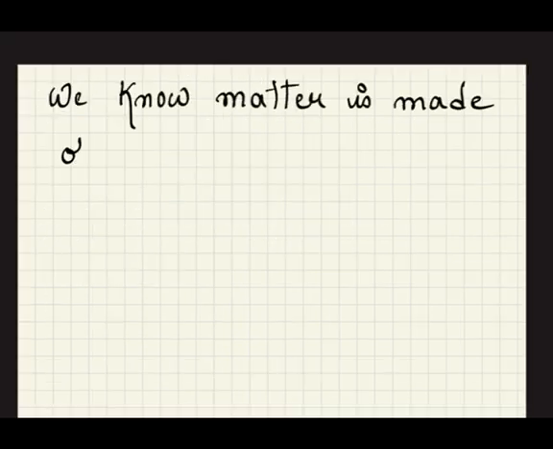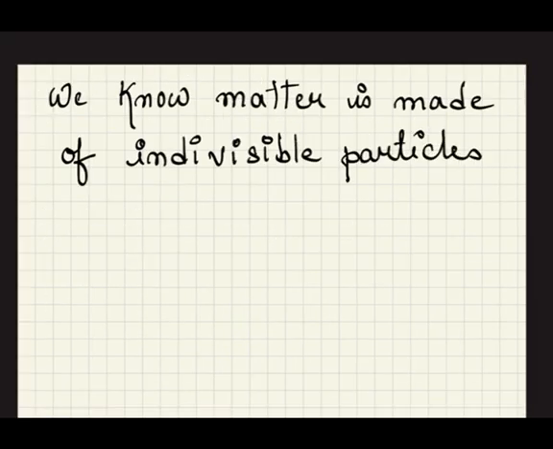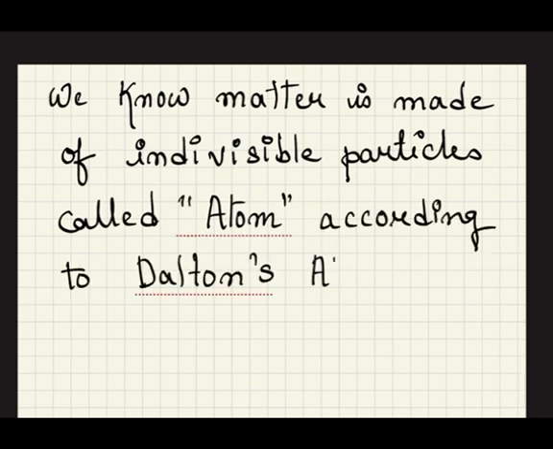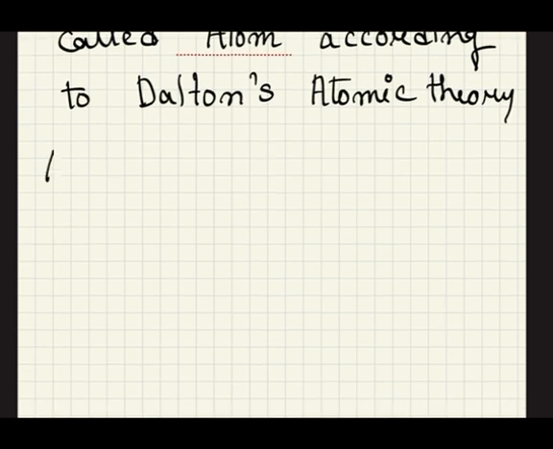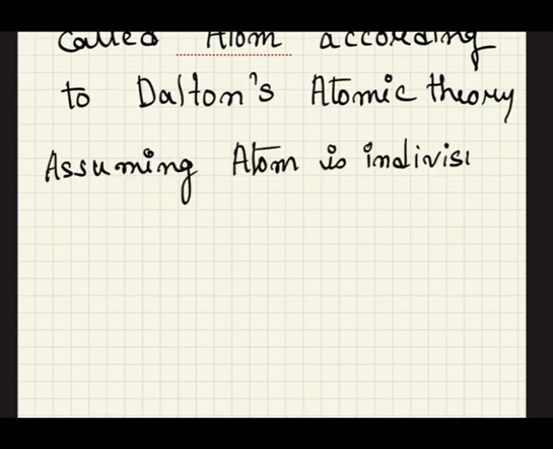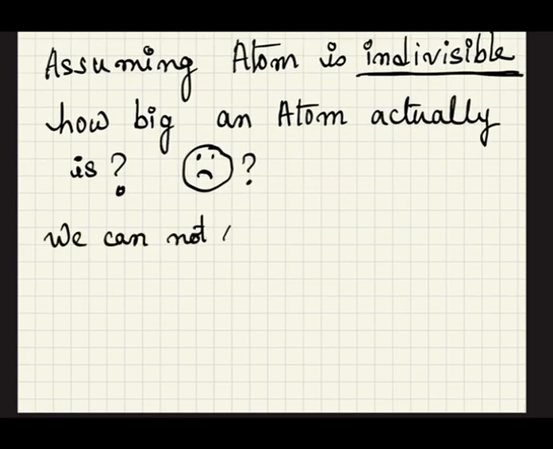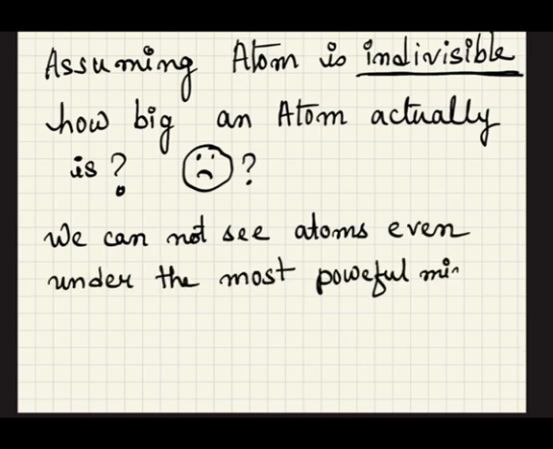We know matter is made of indivisible particles called atoms, according to Dalton's atomic theory. Assuming an atom is indivisible, how big is an atom actually? We cannot see atoms even under the most powerful microscope.